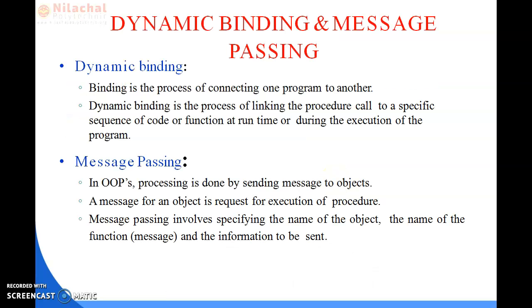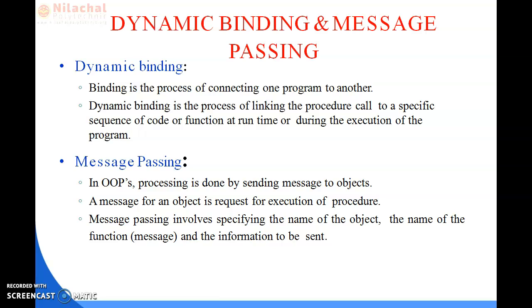Now we will discuss dynamic binding and message passing. What is dynamic binding? Binding is the process of connecting one program to another. Dynamic binding is the linking of a procedure call to a specific sequence of code or function at runtime, or during the execution of the program.